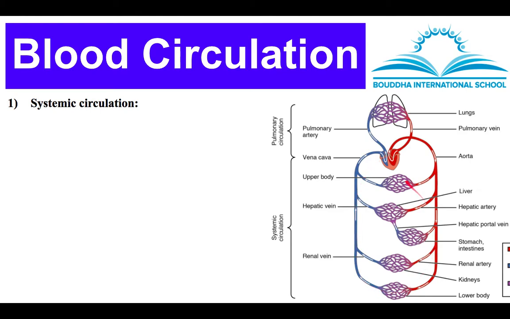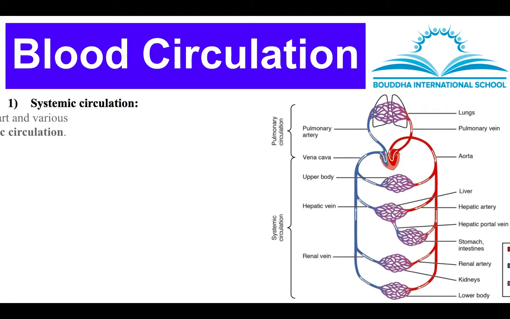Like see, from here the blood is going to the lower body parts, kidney, stomach, liver, everywhere it is going. So that's why the systemic circulation deals with supply of blood between heart and different parts of the body.